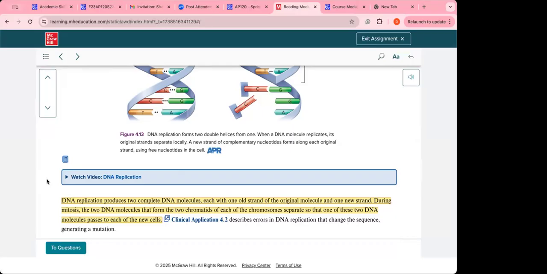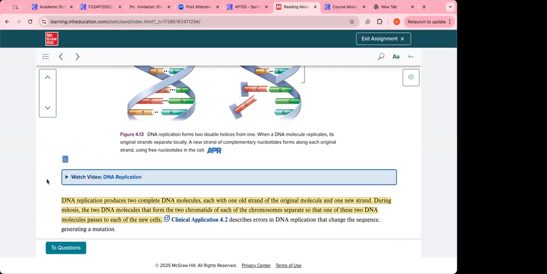A new strand of complementary nucleotides forms along each original strand using free nucleotides in the cell. DNA replication, okay, this is the question here. DNA replication produces two complete DNA molecules, each with one old strand of the original molecule and one new strand.